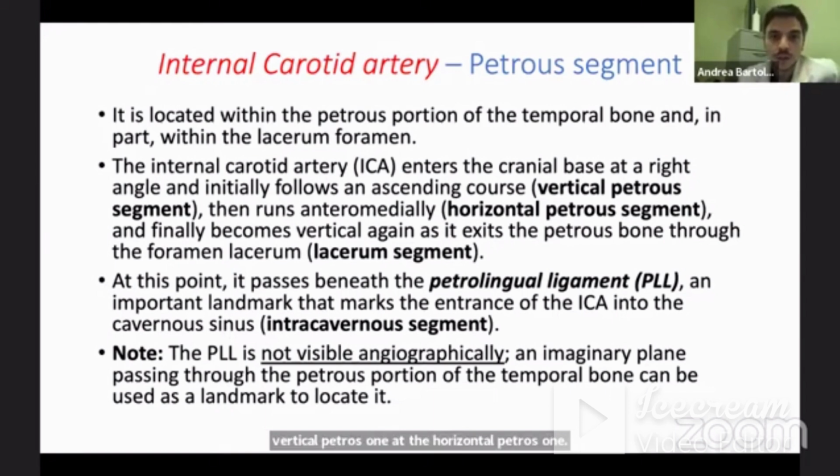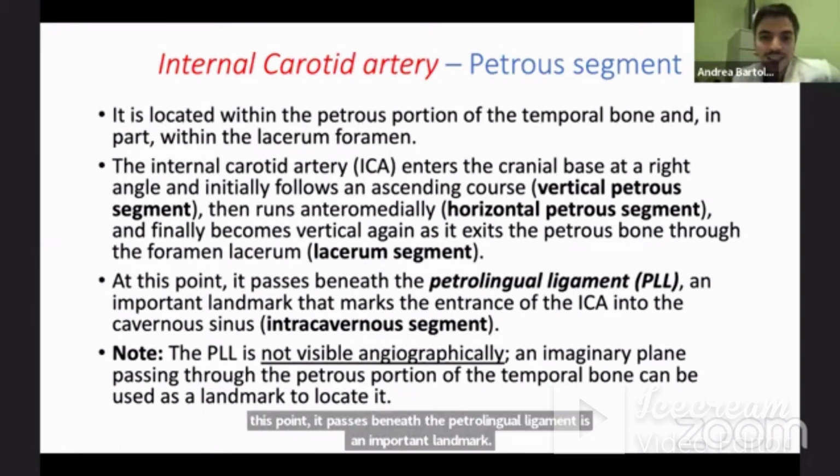The first has a vertical course. The second has a horizontal and anteromedial course. And finally, the last segment, the lacerum one, has a vertical course. At this point, it passes beneath the petrolingual ligament. It's an important landmark that marks the entrance of the ICA in the cavernous sinus.